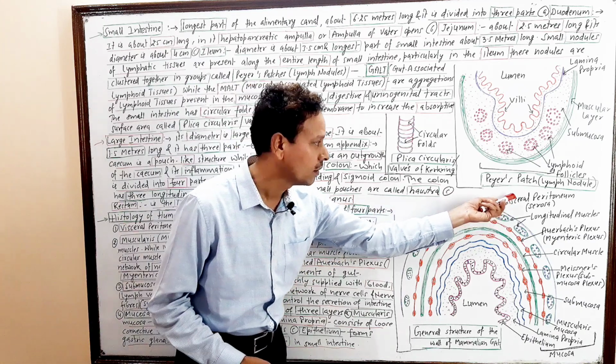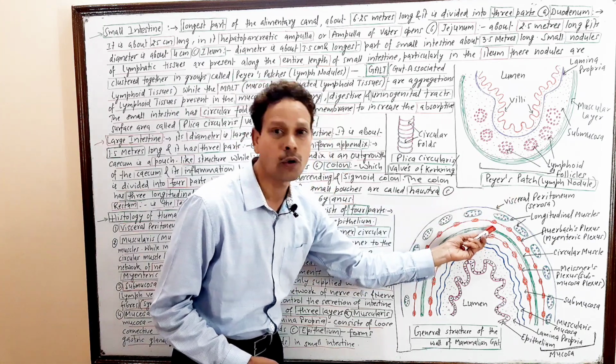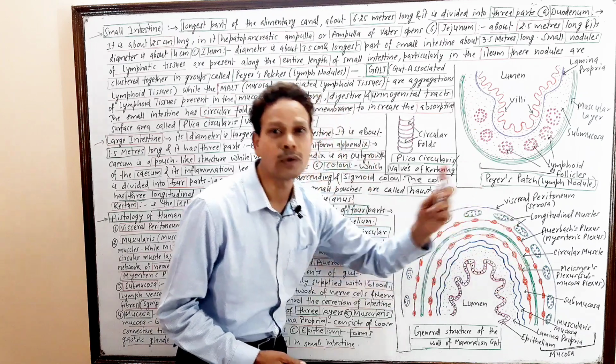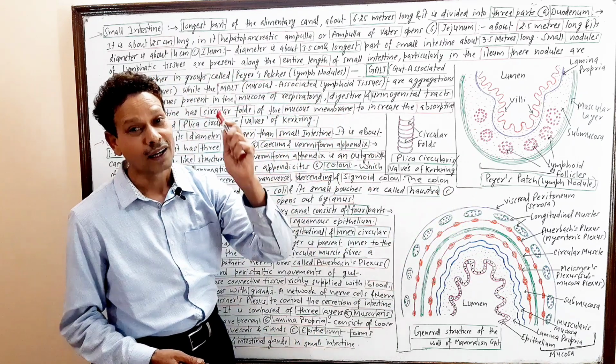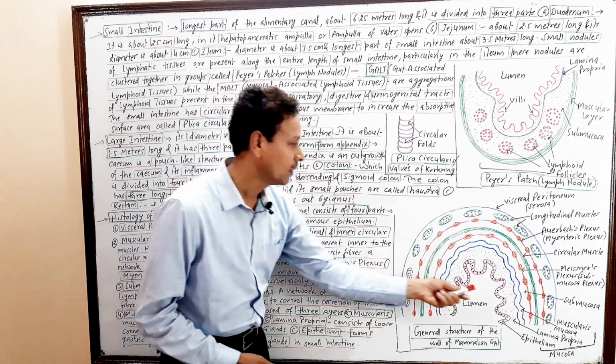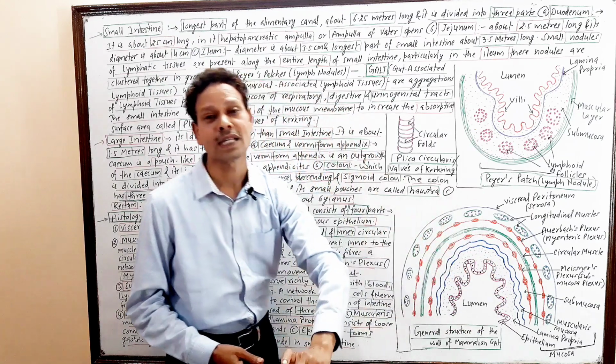The first layer is visceral peritoneum, second is muscular coat, third is submucosa, and the fourth layer of the gut wall is mucosa.